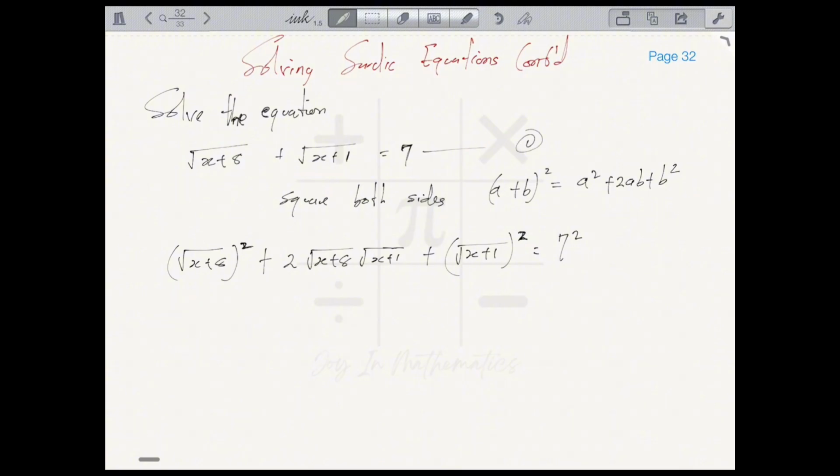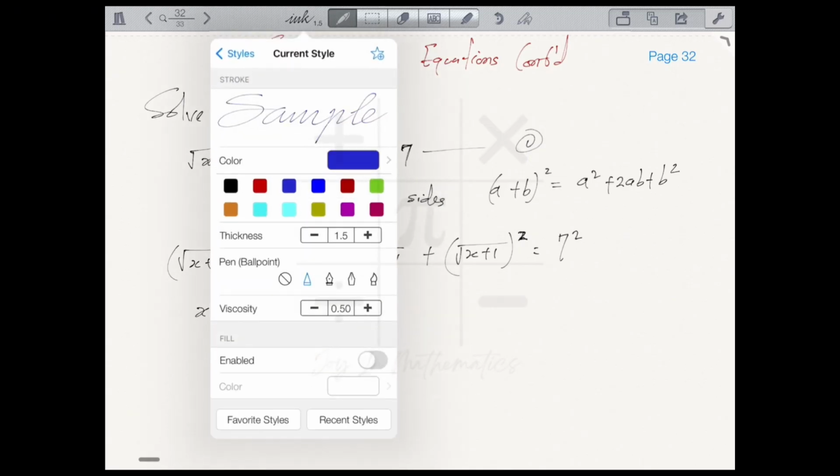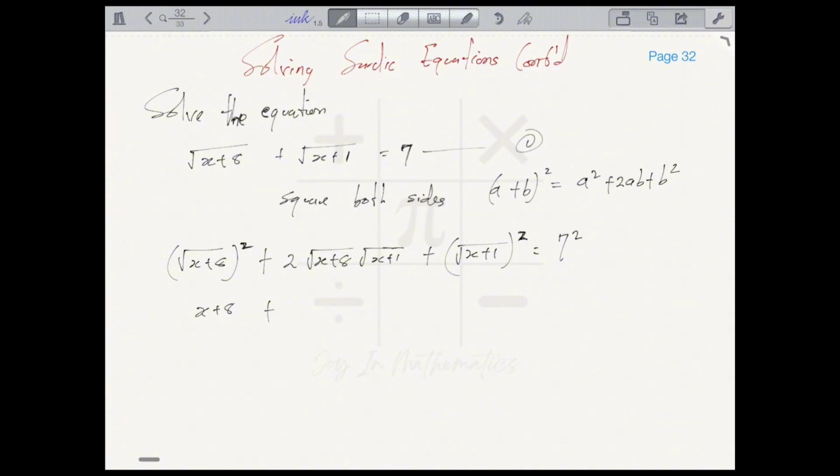So the square of the square root of x plus 8 will give us x plus 8, plus, now in this expression we are going to apply the law of surd, that means the multiplication law, where we say root ab is equals to root a multiplied by root b.